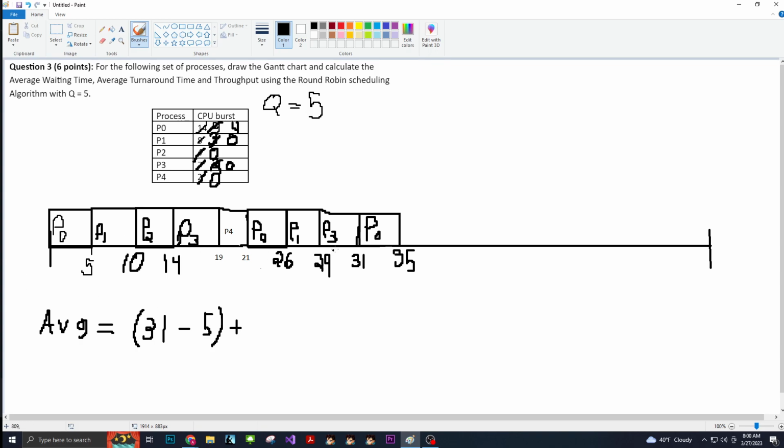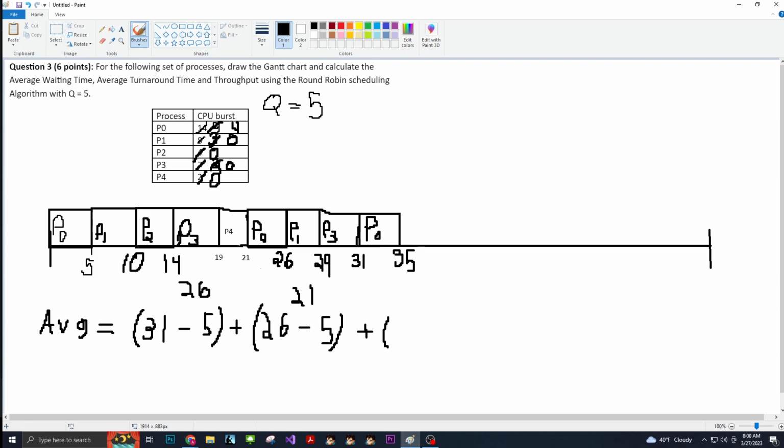And then the next one, we know that, hold on. So we know that P1, its last rendition was at 26. So I believe we can subtract that by 5 and then get a 21, obviously. 26. All right.